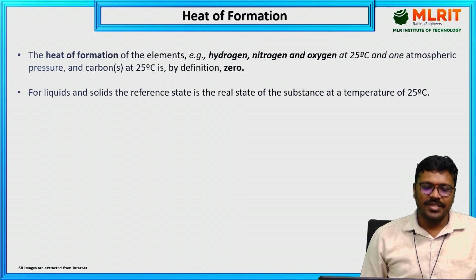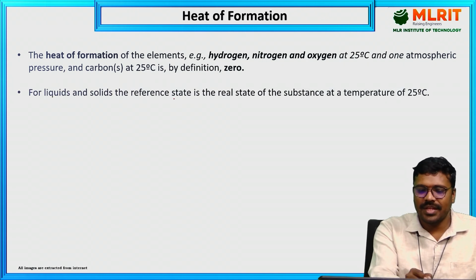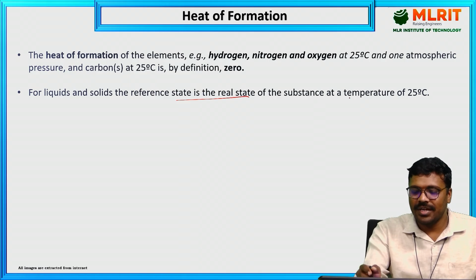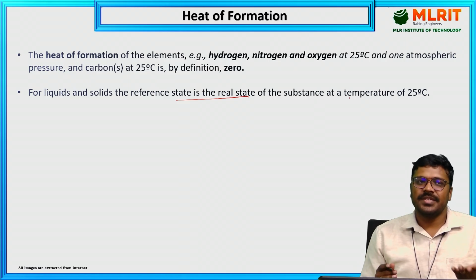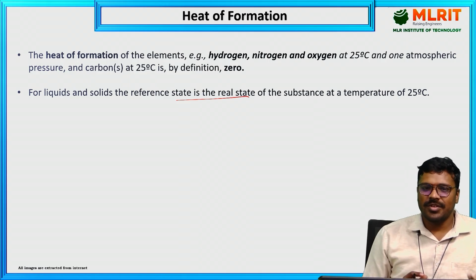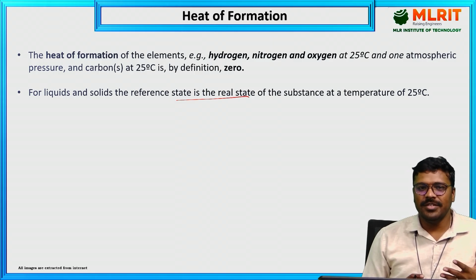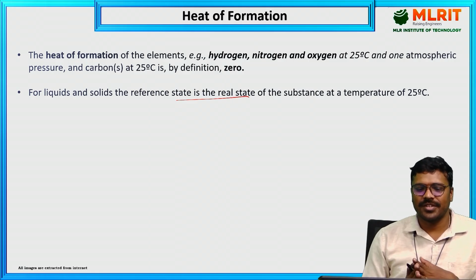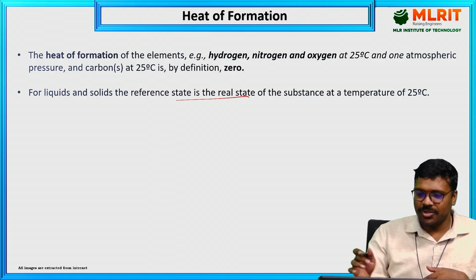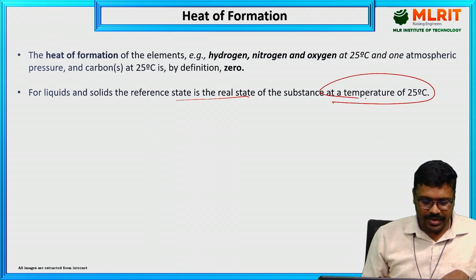For liquids and solids, the reference state is the real state of the substance at 25 degrees centigrade, right? Suppose you take hydrogen, elemental reference state means the state, either gaseous, liquid or solid, at 25 degrees centigrade. That is nothing but the reference state. So, the reference state has to be taken at 25 degrees centigrade.